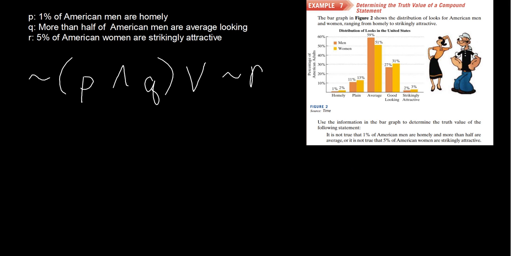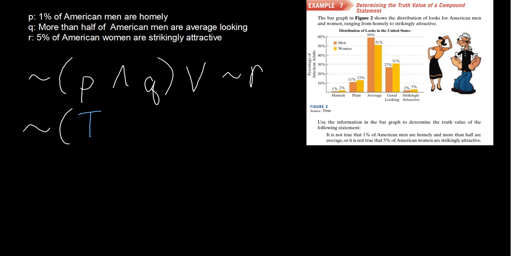We're going to say not, and then we have P. Okay. So P was the statement 1% of American men are homely. And if we look at the graph right here, men are the orange and women are the yellow, then it looks like it's a true statement, right? 1% of men are indeed homely. So we're going to put a T there because it's true, right?